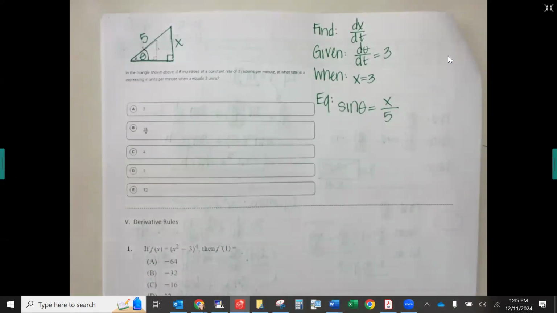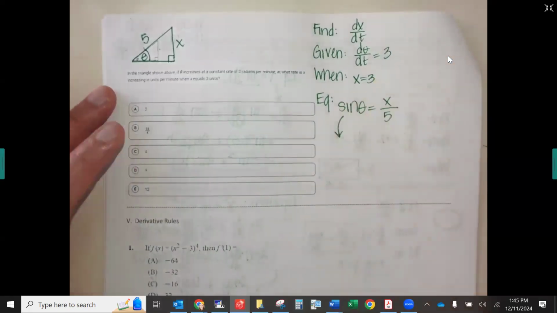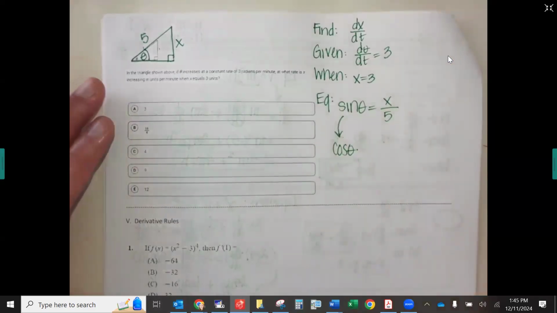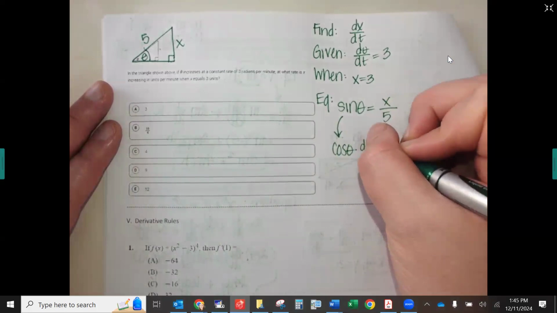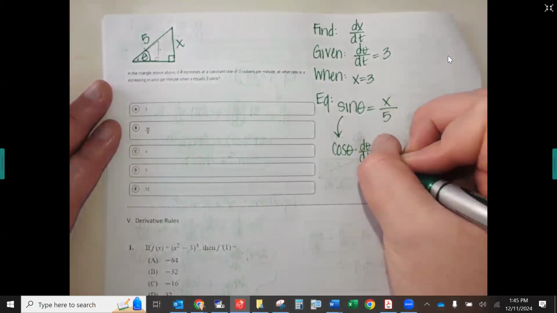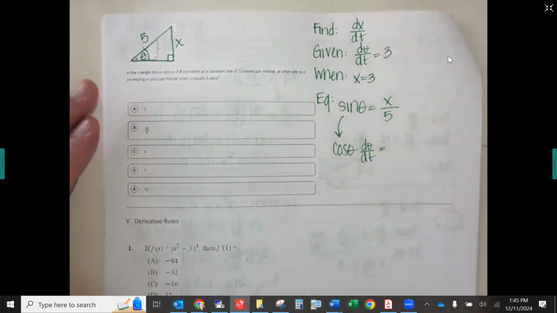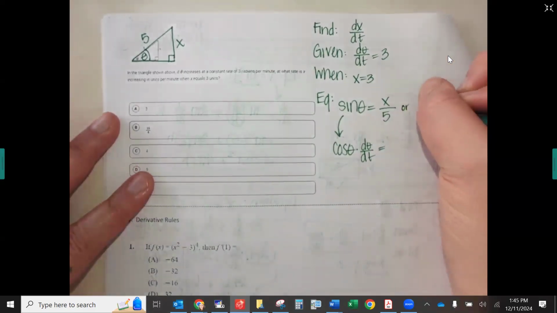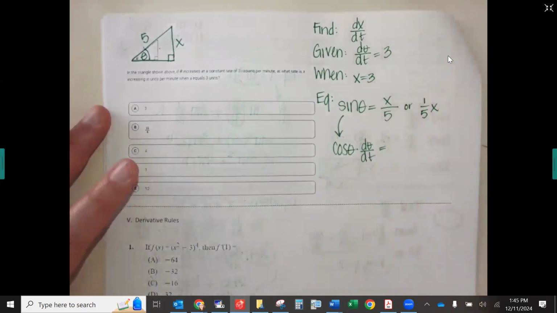From here, what's the derivative of sine theta? Cosine theta, what? D theta dt. Now, quick question. On the other side, what does this look like? I'm going to have to use what rule? Don't use quotient rule, though. Here's why. If it's just a number, I'm going to rewrite this as 1/5 x and avoid quotient rule.